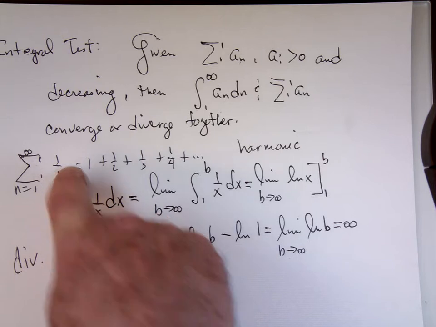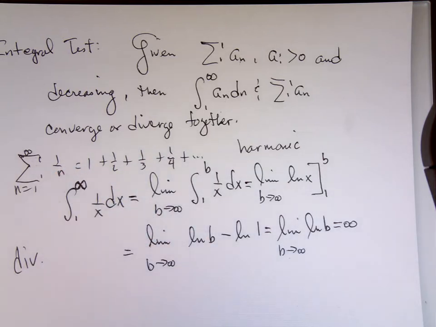You take 1 to 10,000, you'll get an answer slightly bigger. And then you take 1 to 1,000,000, you get an answer slightly bigger. You're adding on these teeny tiny terms. But guess what? That sum gets greater than every positive real number. It takes a lot of terms to get there, but it eventually gets greater than any positive real number.